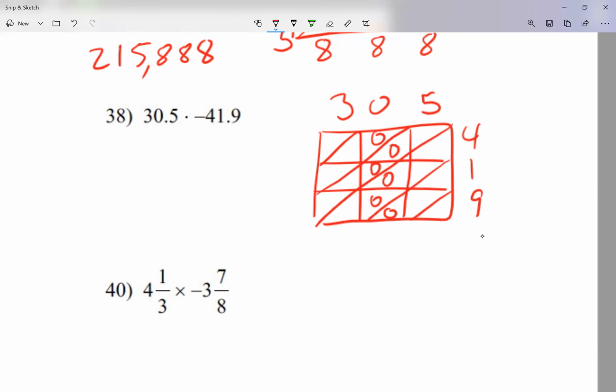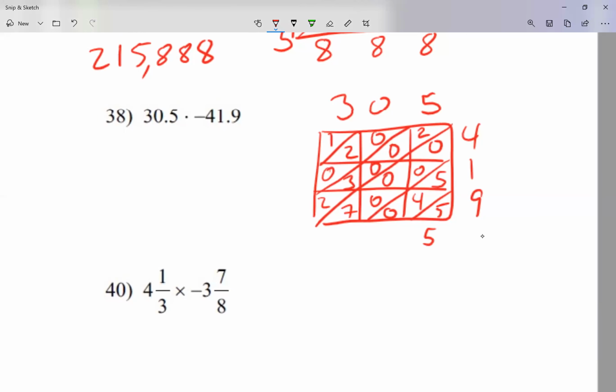All right, let me fill my other boxes. 3 times 4 and 5 times 4. 3 times 1 and 5 times 1. 3 times 9 is 27, and 5 times 9 is 45.